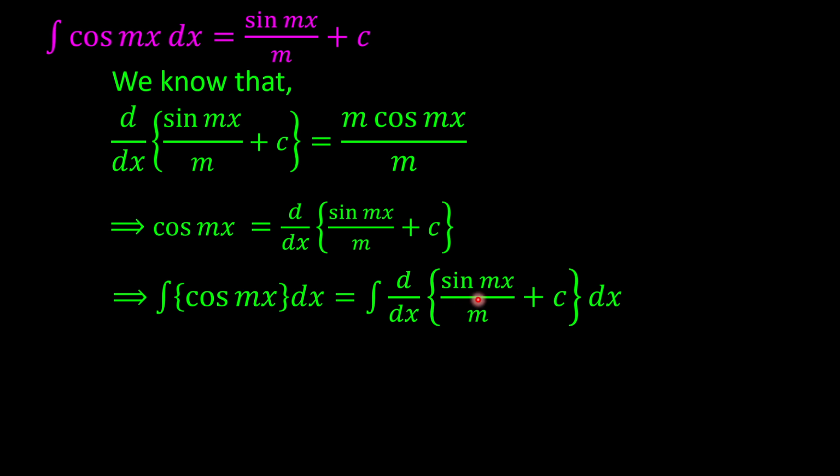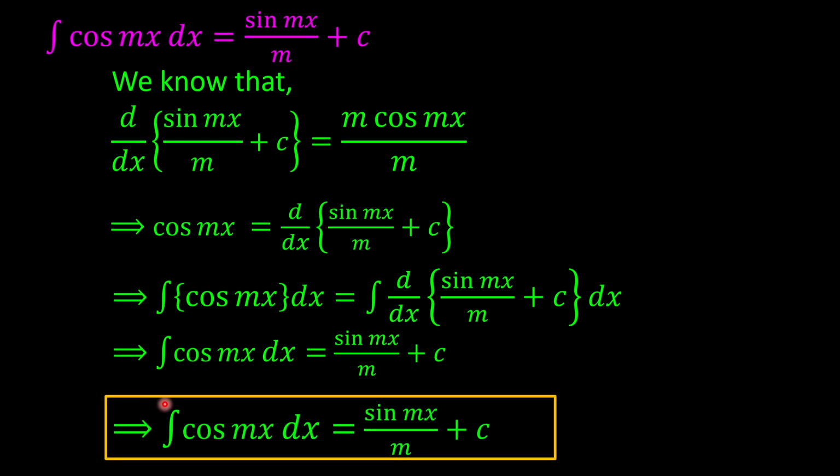So the remaining part is sin mx by m plus c. So putting it on the right side, we get this. And I put the left side without any change, and ultimately we find that the integral of cos mx dx is equal to sin mx by m plus c.